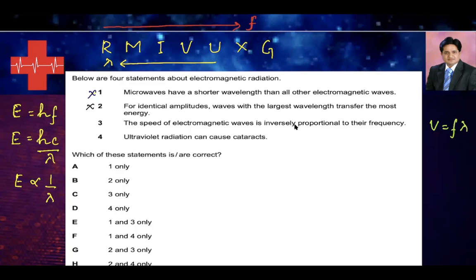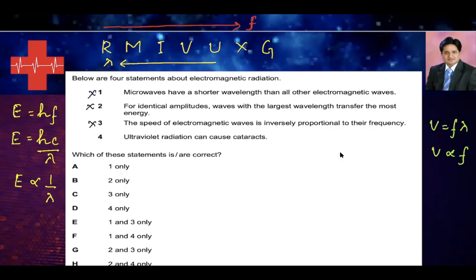So the speed of the wave is proportional to frequency and wavelength. It says the speed of electromagnetic waves is inversely proportional to frequency. In fact, here it is directly proportional to frequency. So our third statement is also incorrect.